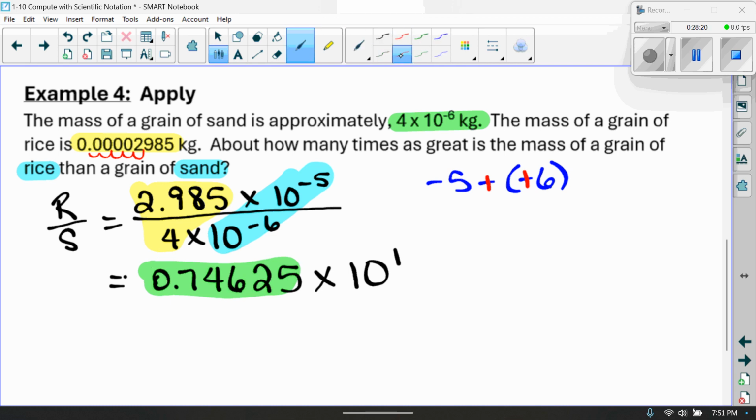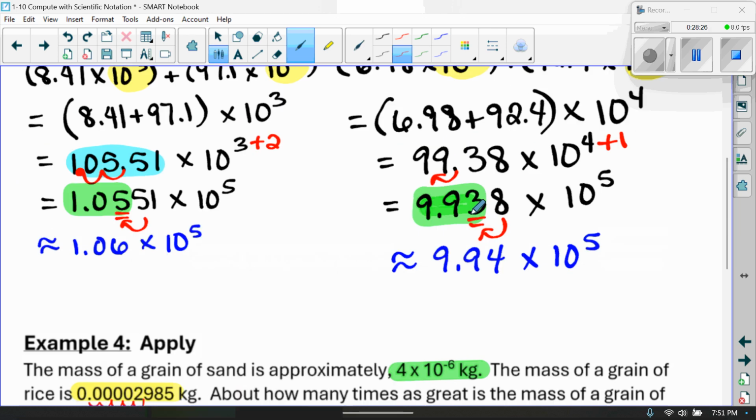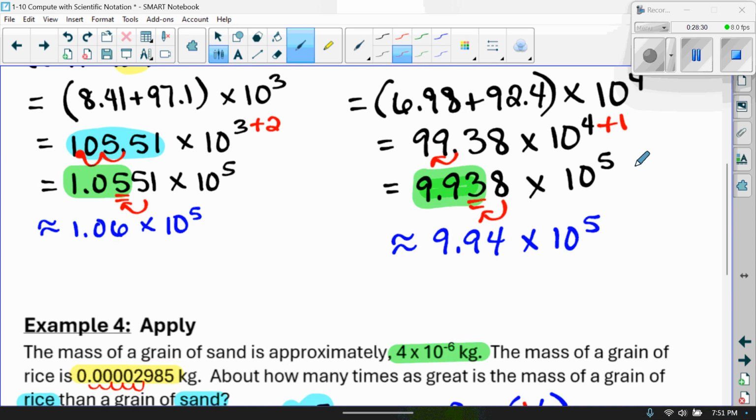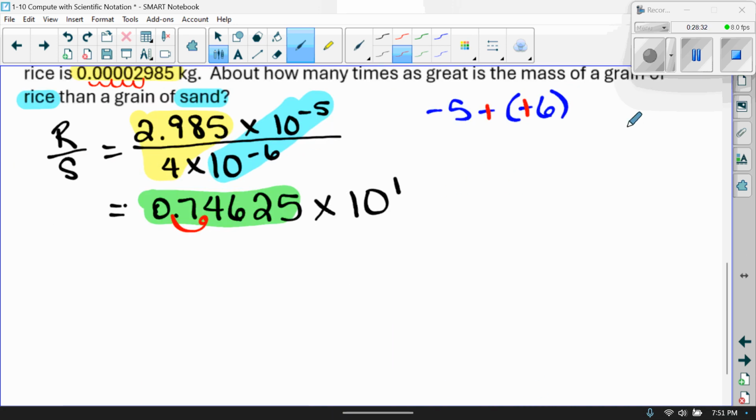So we need to move that decimal to the right 1 unit. So if we're moving to the right, we need to subtract from the exponent, right? So we're going to subtract 1, since we only moved once.